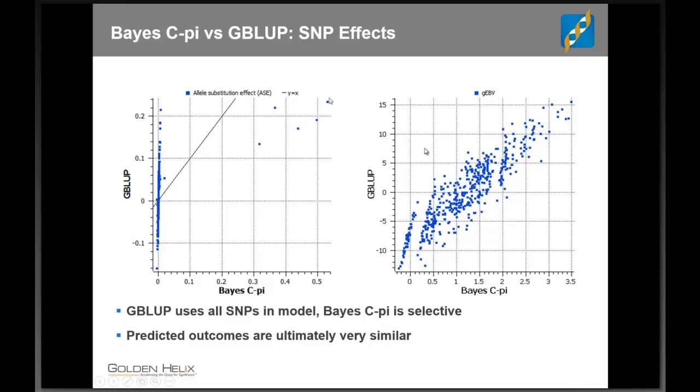And it's reassuring to see that the SNPs selected by Bayes C-pi are generally among the larger effect SNPs in GBLUP as well. And the breeding values, which is what we see here, this is a direct comparison of the breeding value estimates, again have a strong linear correlation. You're not going to pick a very different set of animals for breeding using one method or using the other.